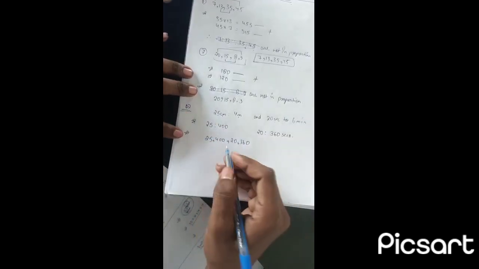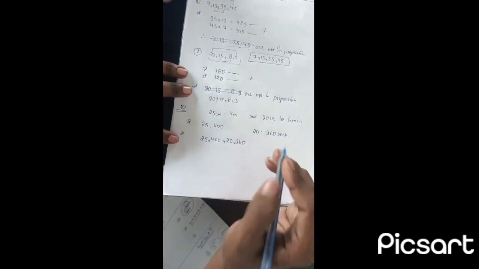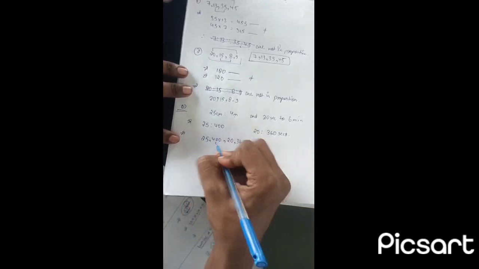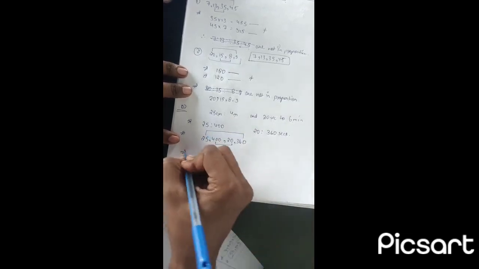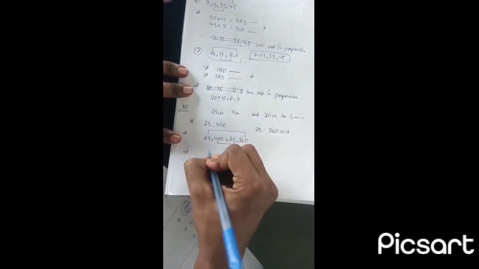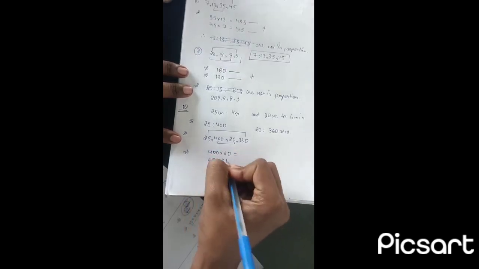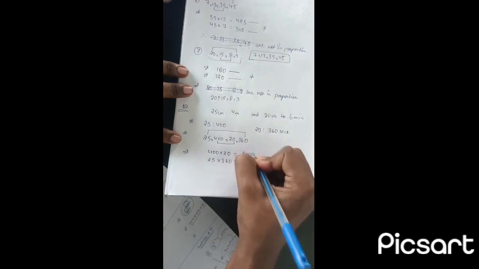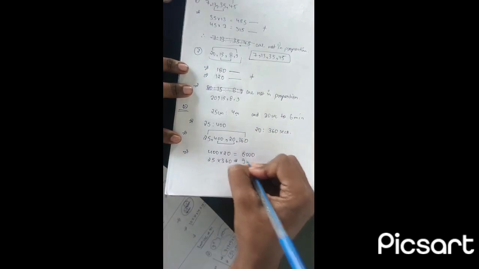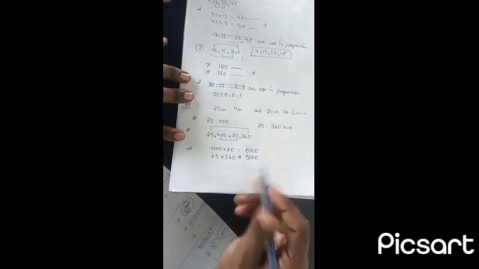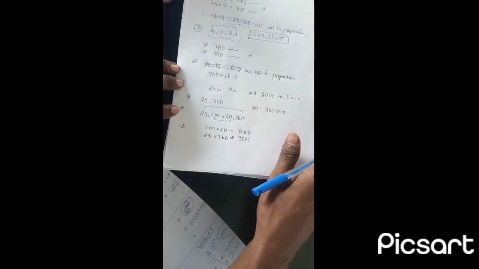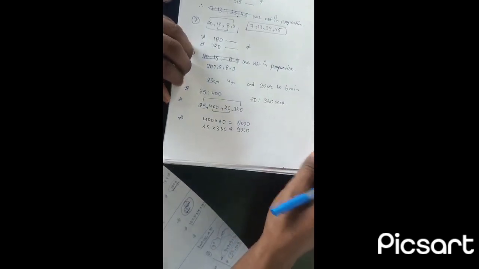We have to find the product of the means and the extremes, so we multiply 400 into 20, that will be 8000, and 360 into 25, that will be 9000. So are these both values equal? No.